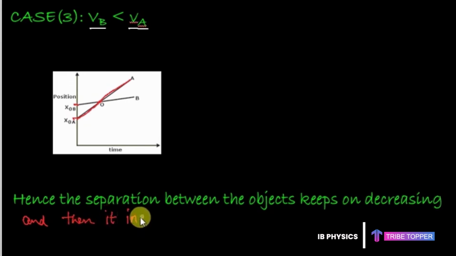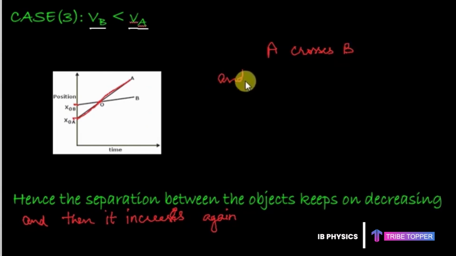Earlier it was decreasing, but when it increases again, at that point of time A is ahead of B, so A crosses B and moves ahead, with the gap between them always increasing.